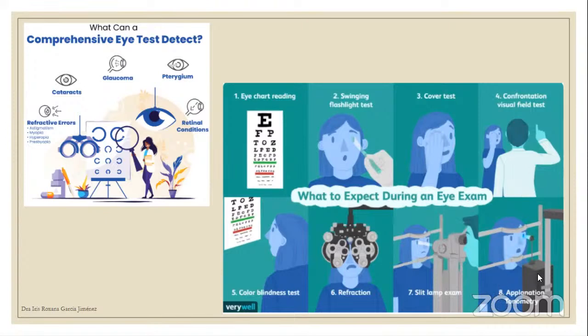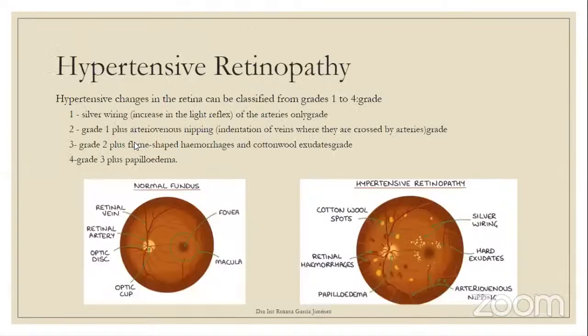All of these are performed during the eye evaluation. And maybe we have had the chance to experience this, maybe all of us. What we can detect by the comprehensive eye test: refractive errors, cataracts, glaucoma, pterygium, retinal conditions. It's just an example.